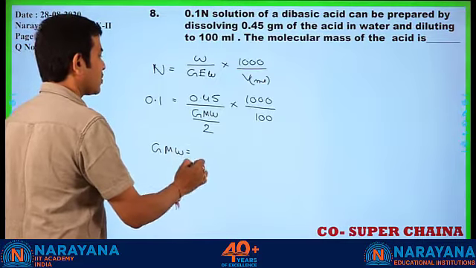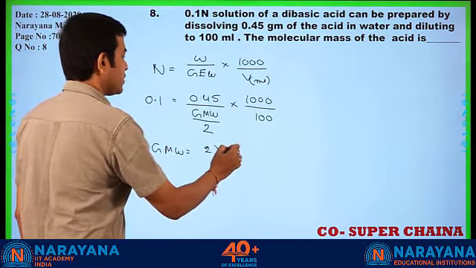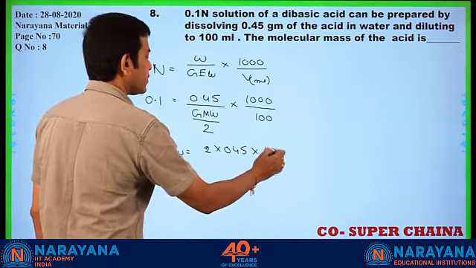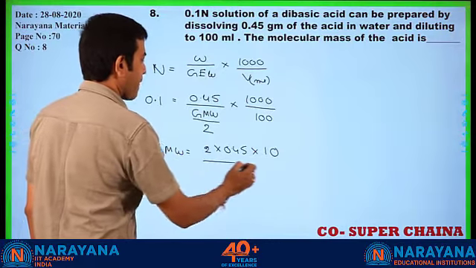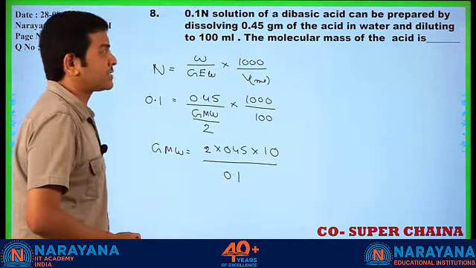Gram molecular weight is equal to 2 into 0.45 into 10, divided by 0.1. That is the gram molecular weight.